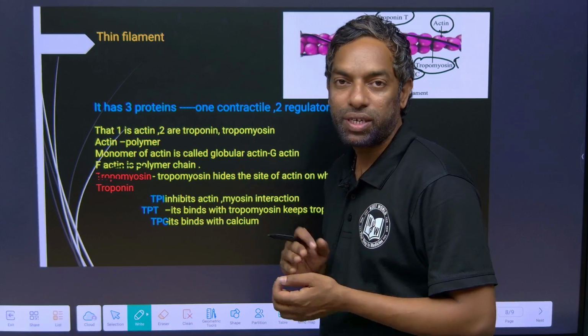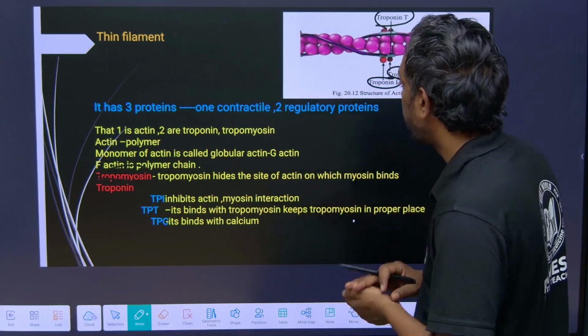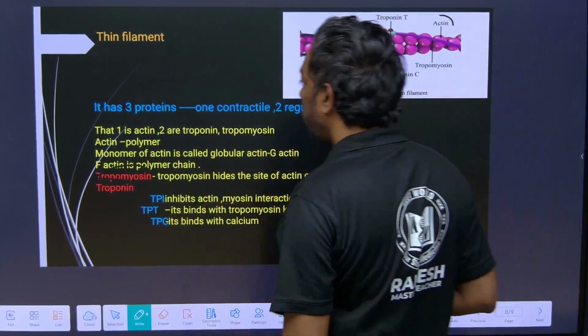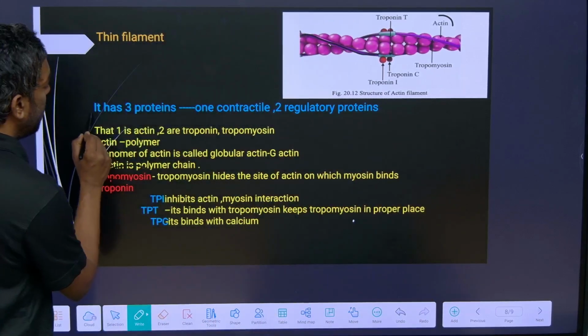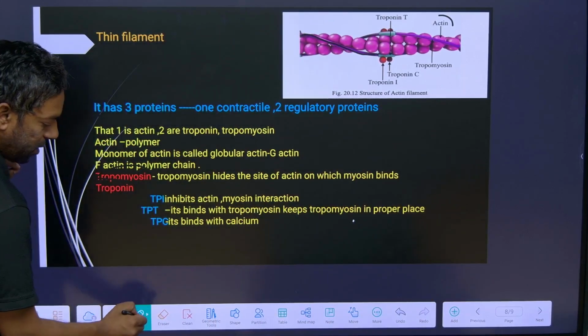Okay, we are going to discuss each one. Just look into this. Thick filament, thin filament.